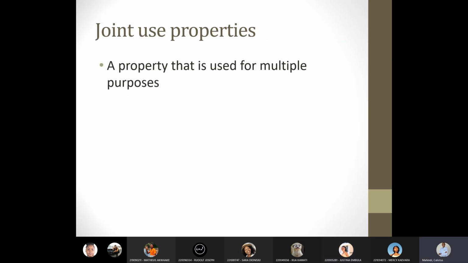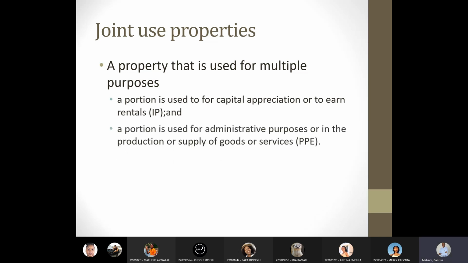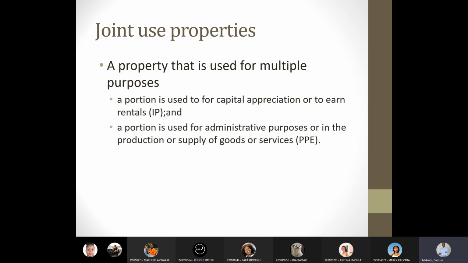Now let us look at joint use properties. Joint use properties are properties that are used for multiple purposes. A portion of that property can be used for capital appreciation or to earn rentals, and then another portion can be used for administrative purposes or in the production or supply of goods or services.